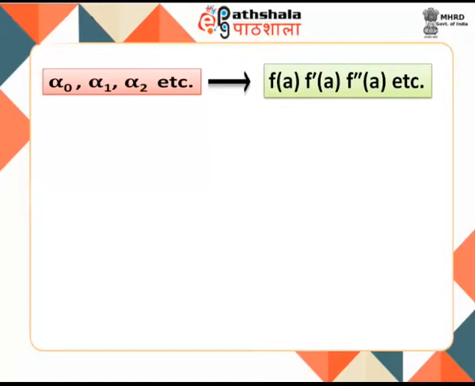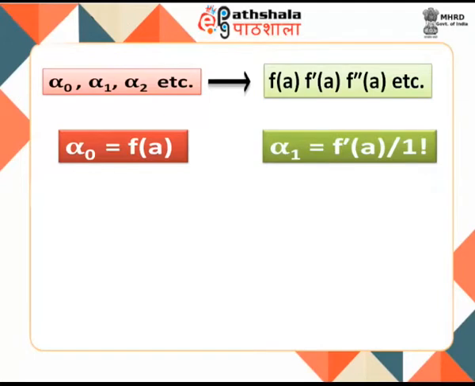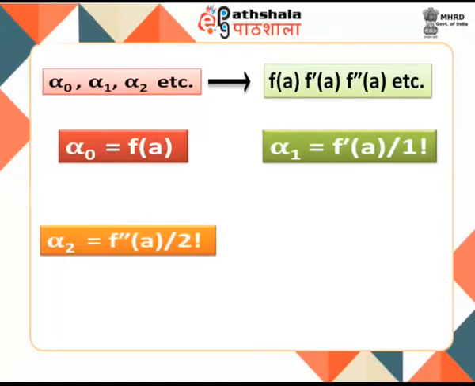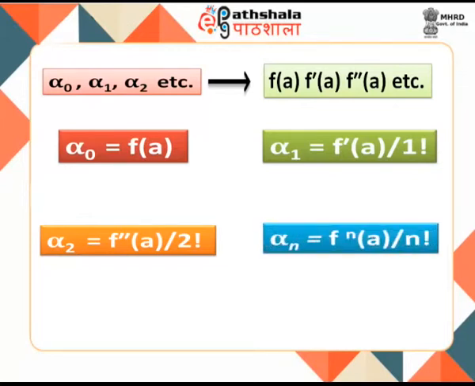The values of the constants can be written as alpha naught equal to f of a, alpha 1 is equal to f dash a by 1 factorial, alpha 2 equal to f double dash a by 2 factorial, alpha n equal to f n a by n factorial.